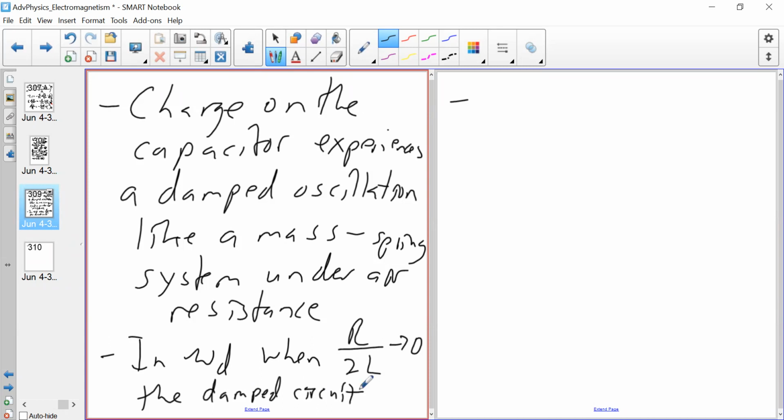Let me correct this slight substance: since this is a function for charge, the charge is going to degrade over time. That's what we solved for. We can take the derivative of that to get the current. So that's what's getting damped.